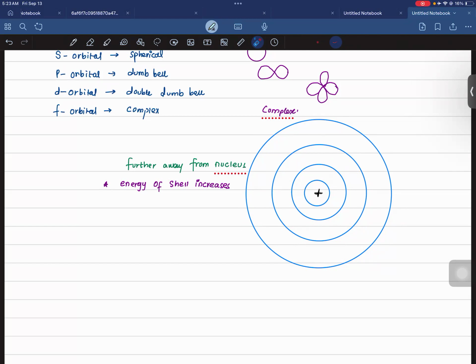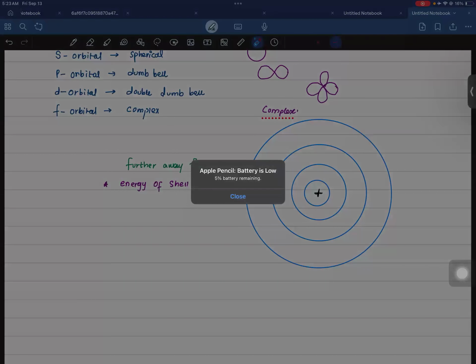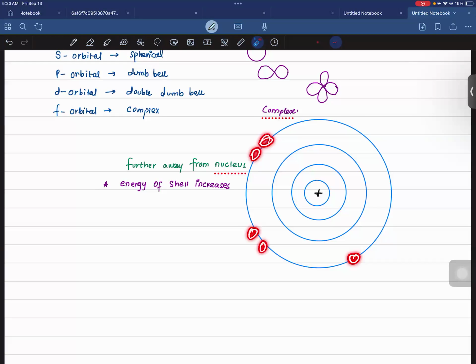And those shells in which, let's suppose, I have 8 electrons in the last shell, obviously electrons are negatively charged particles, they have attraction towards the nucleus, but as they are far away from the nucleus, they have a lower, weaker attraction. So it means that they have higher energy. It's having the highest energy. This is the reason that when it's going to react with someone else, it's going to lose its outer electrons. Why?